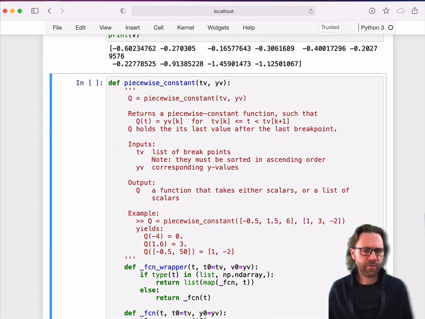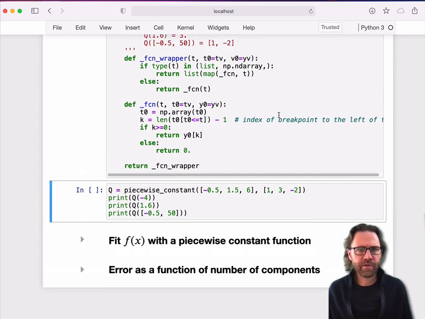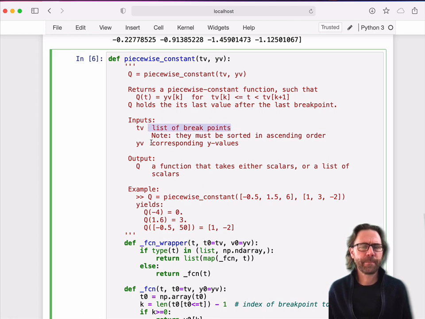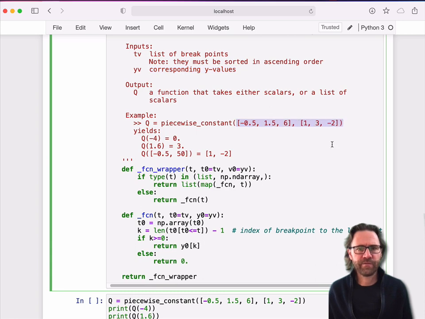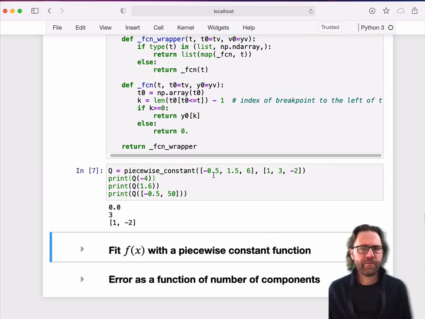Now I've got this function. I won't go into the details, but basically you give it a list of breakpoints, kind of like the x values, and you give it the corresponding y values, and it'll create a piecewise function for you. So for example, I've got these breakpoints, x equals negative 0.5, 1.5, and 6, and the corresponding y values that it's supposed to hold.